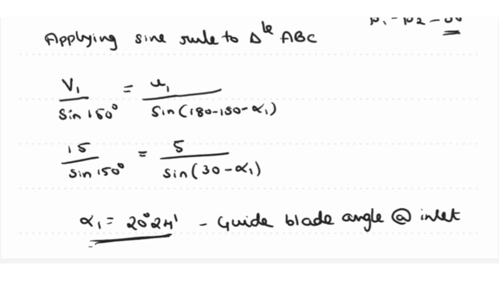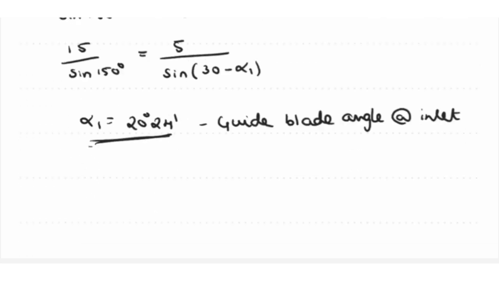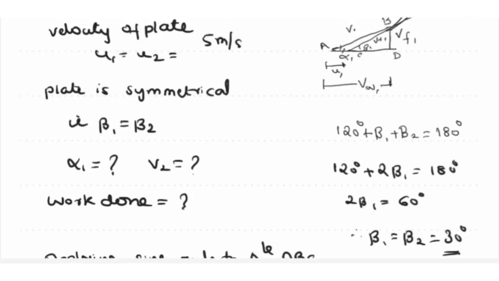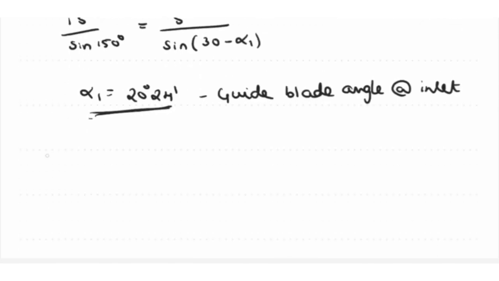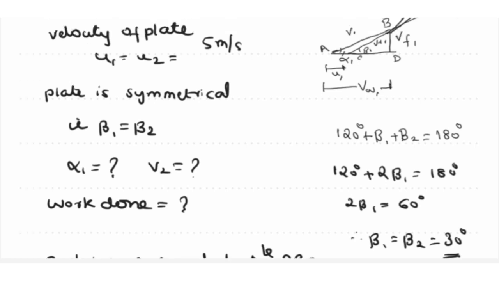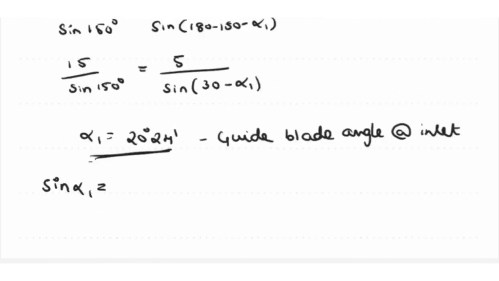Now we should calculate the value of VW1, VF1 as we calculated in the last problem. So here alpha 1 is known, V1 is known. So we can apply sin theta and cos theta to the triangle BAD or ABD. So I will apply sin alpha 1 is equal to opposite side is VF1 divided by hypotenuse is V1.